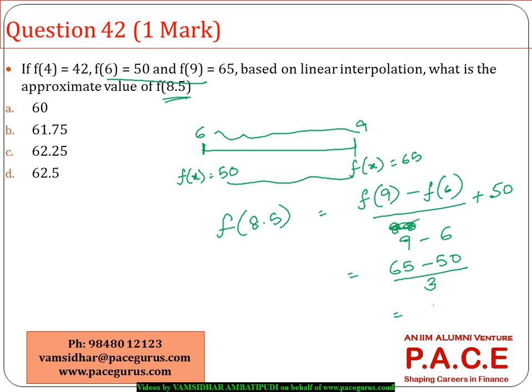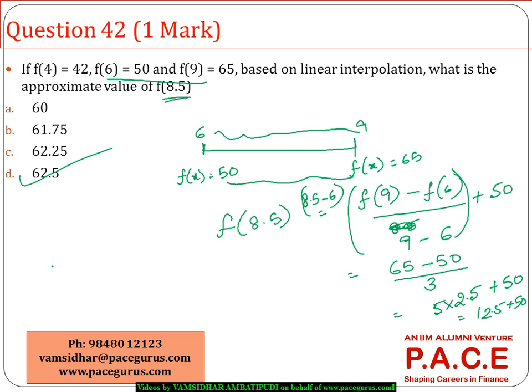Per unit change in the value of x, y will change by 5. Now this is multiplied by the distance between 8.5 and 6, which is 2.5 times. Adding an increase of 12.5 to 50 gives me 62.5.